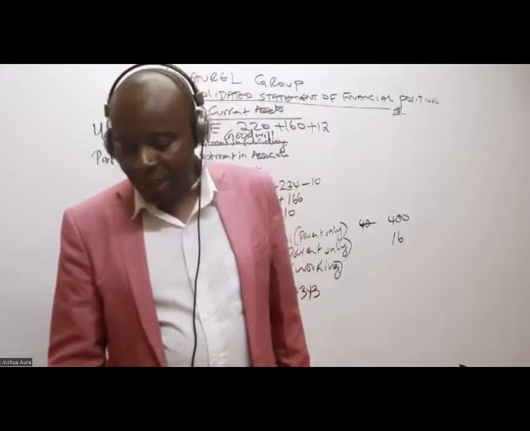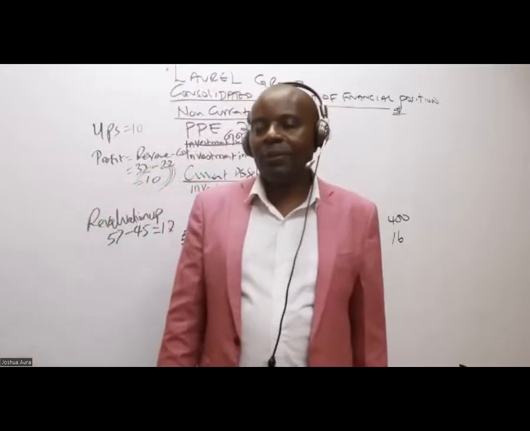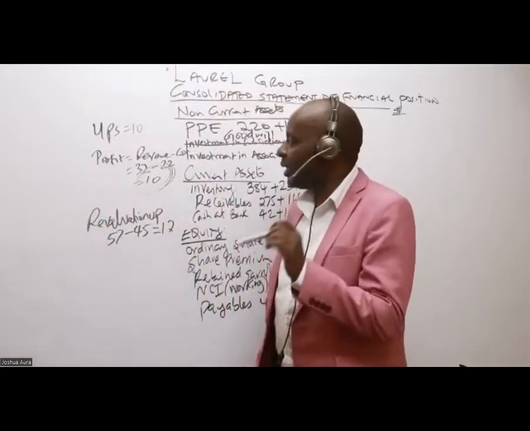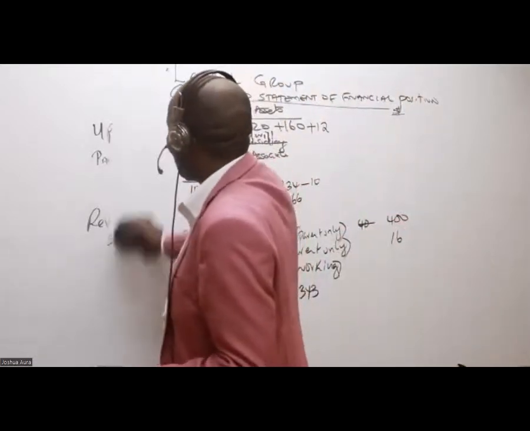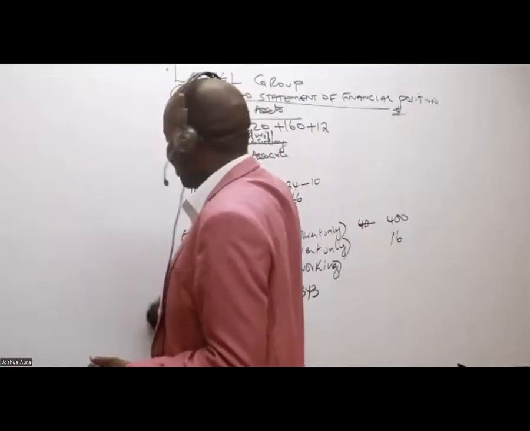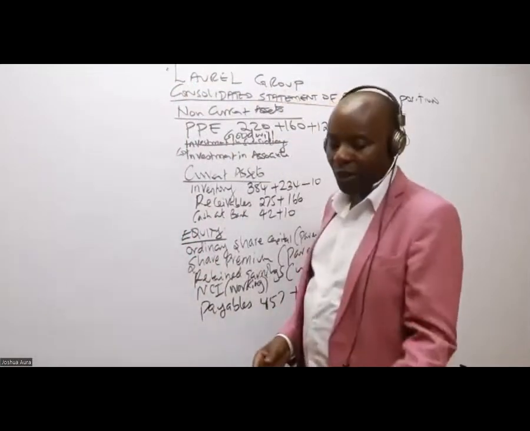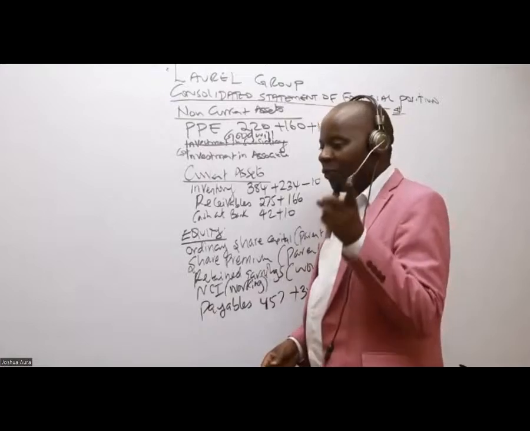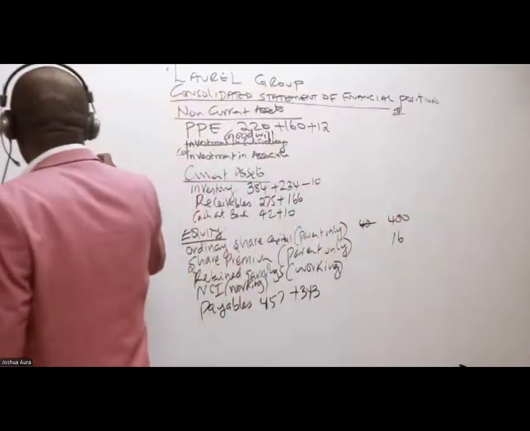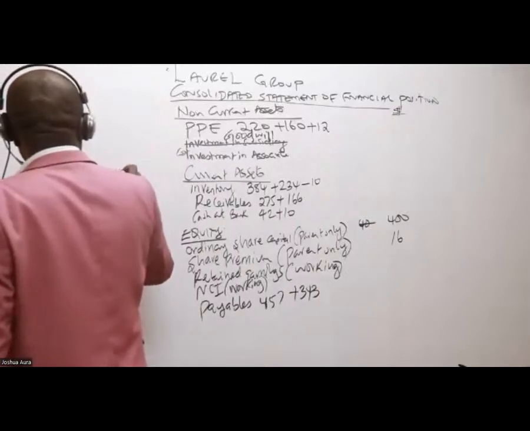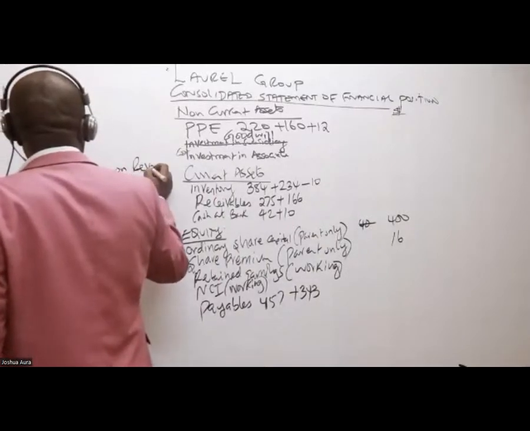Great. So, ladies and gentlemen, I would want somebody to help me now calculate this depreciation on revaluation. This is not an easy one, but of course, with my explanation, you'll be able to understand. So depreciation on revaluation.